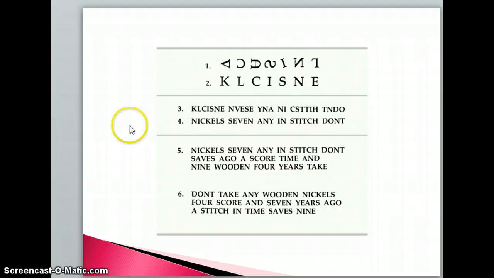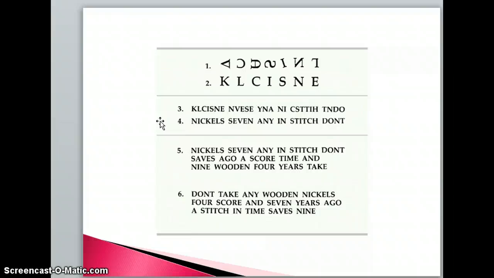So for example, 3 and 4, the question would be, which of these two sentences or lists of letters would you be most likely to remember? 3 is going to be challenging because the order of the letters are not in meaningful units. In contrast, 4 is more likely to be remembered and retrieved because the words nickels, 7, any, in, stitch, don't are meaningful units.